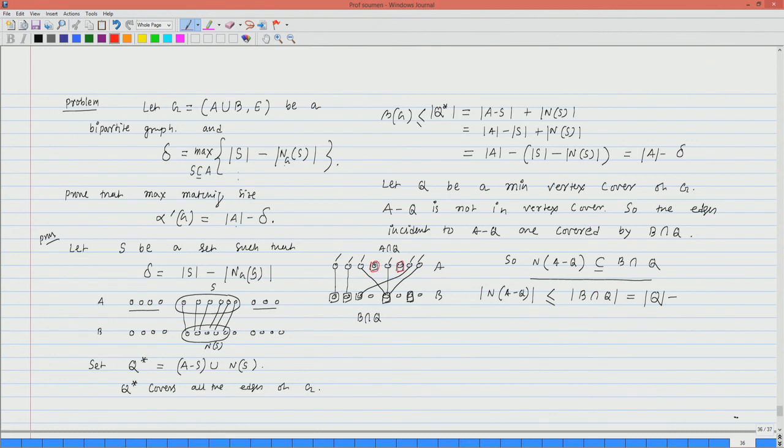So, this is A intersection Q, and these are the vertices of the vertex cover in the B part.